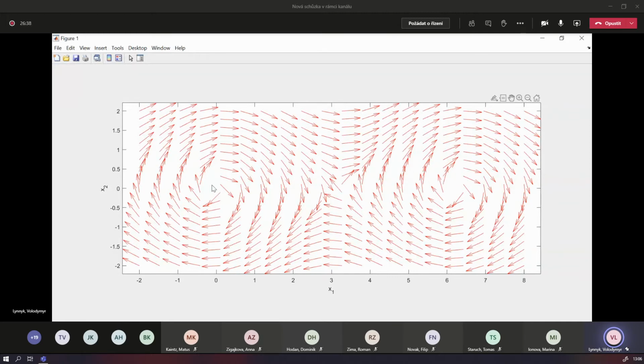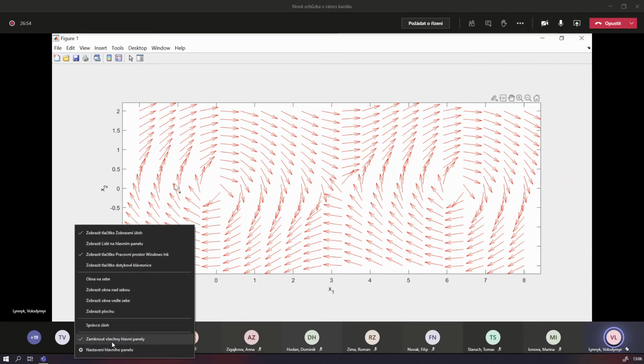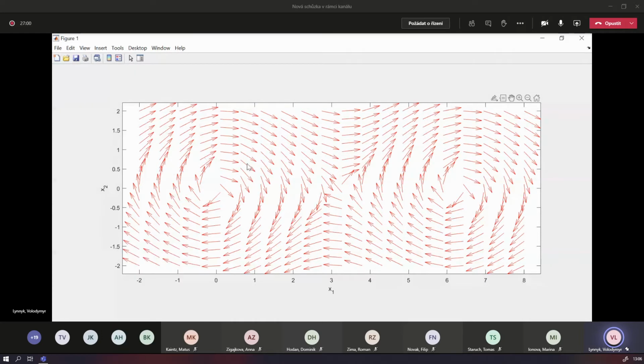Can you say something about this equilibrium point? This equilibrium point is a center, because you see that when we start here, we always stay here, in this circle.